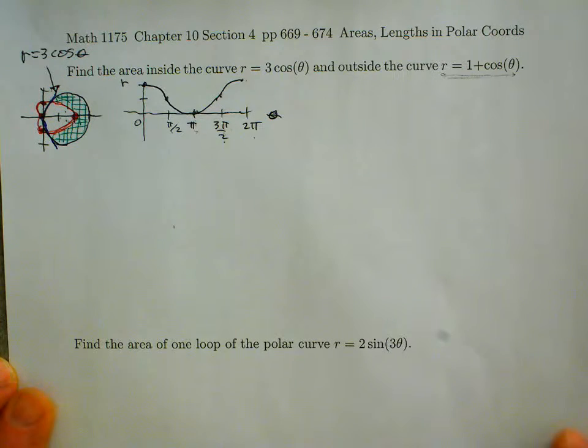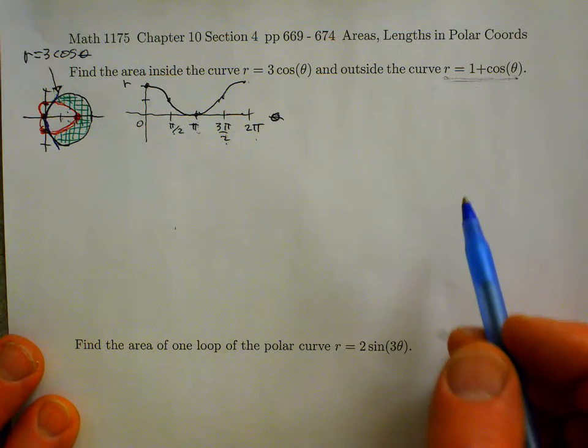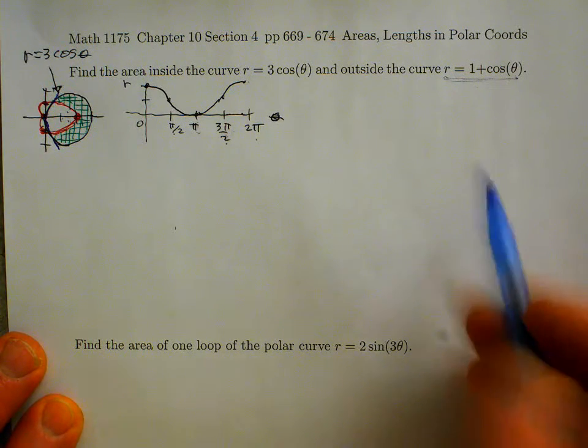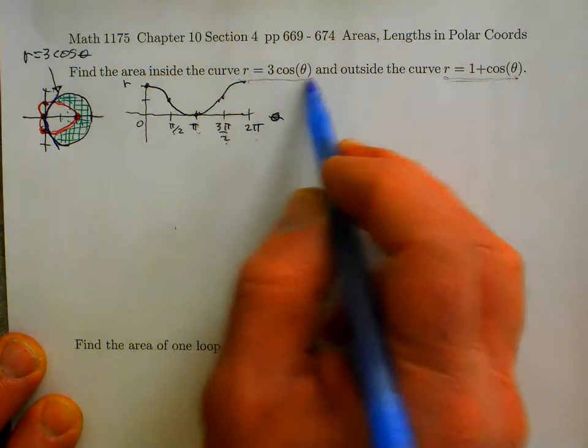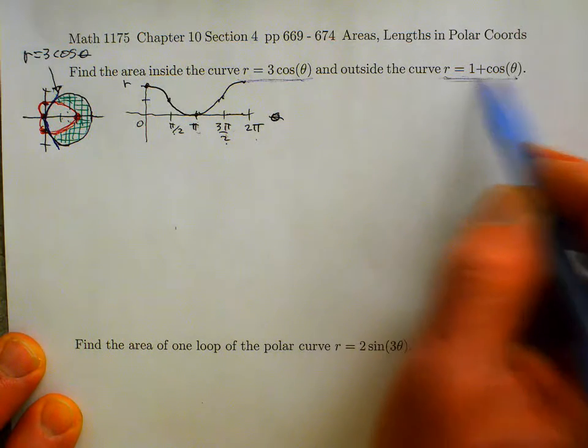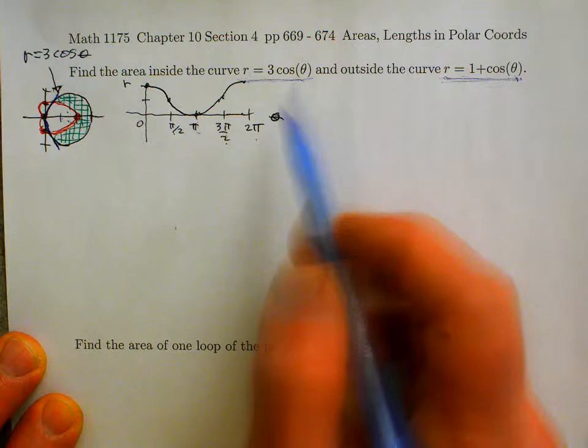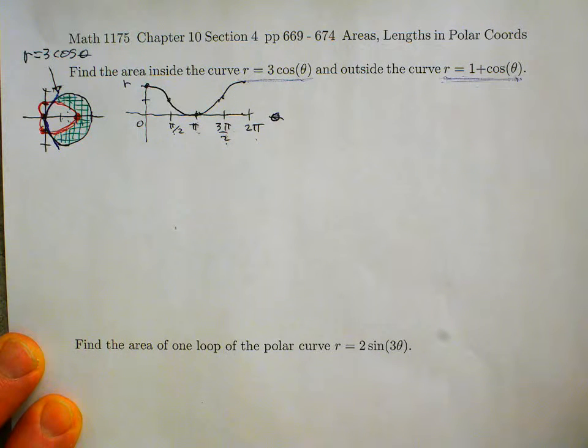So how are we going to do that? Well, the concept is not new. We want to find where these two curves intersect. So we set them equal to each other and solve for theta.